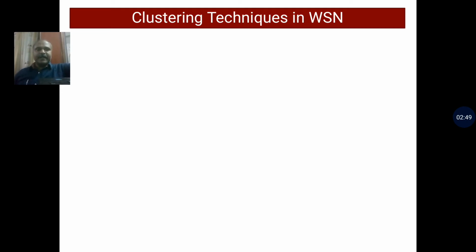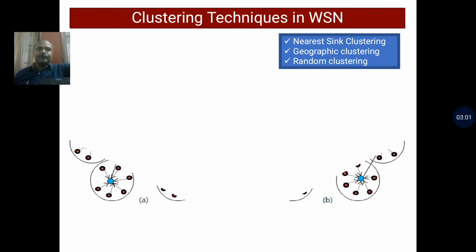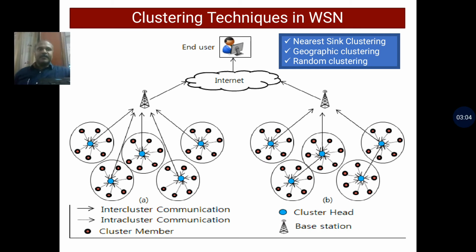Clustering techniques: nearest sink clustering, geographic clustering, random clustering. Nearest sink clustering. In case of a huge network as shown in the figure, a number of sinks are considered in that network.